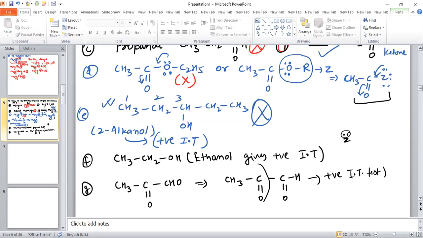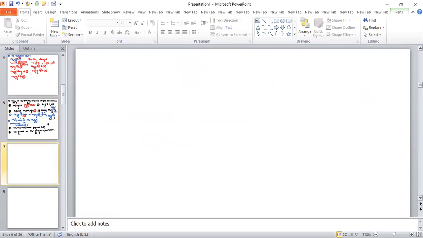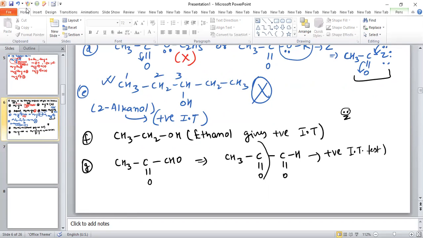Now see another question which I am going to discuss. If the compound is like this, the compound is CH3CCl2CH3. You already know, because the reaction is in basic medium, these two Cl groups will be replaced by OH groups.